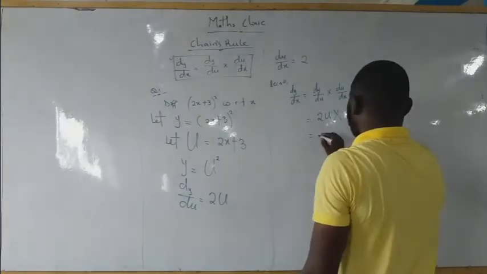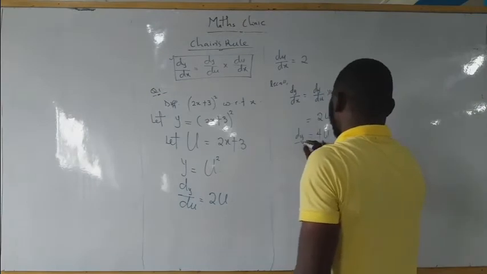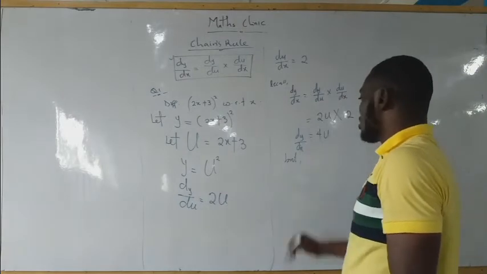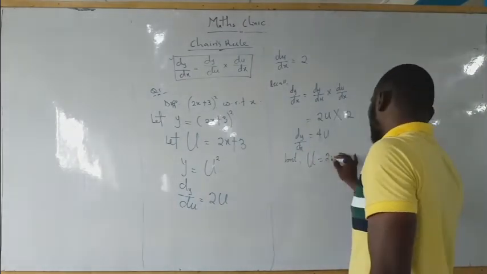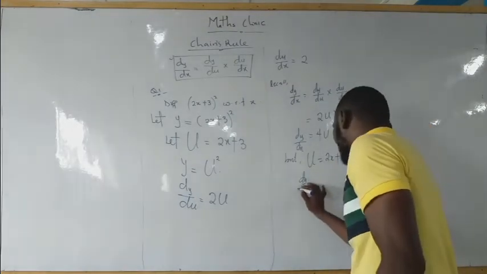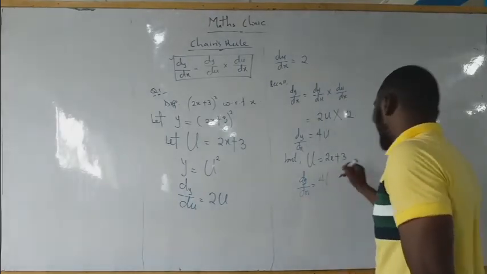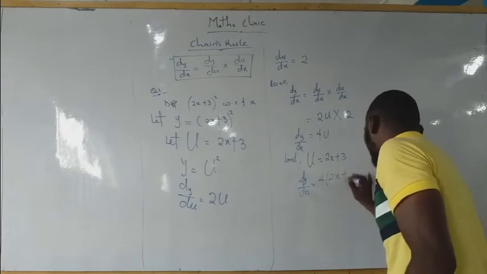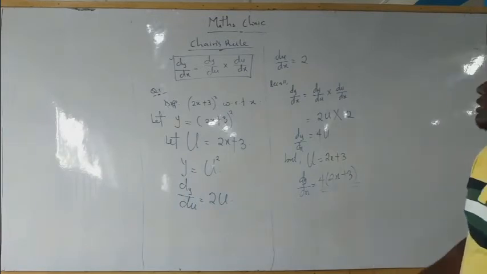That will give us 4u, that's dy over dx. But u equals 2x plus 3. Therefore dy over dx will be equal to 4 into bracket 2x plus 3.